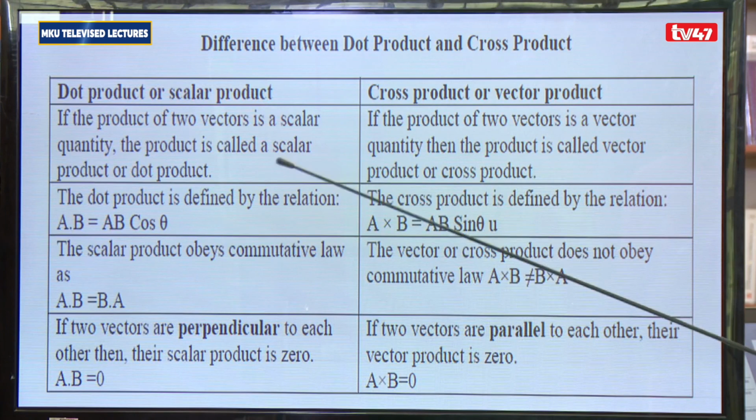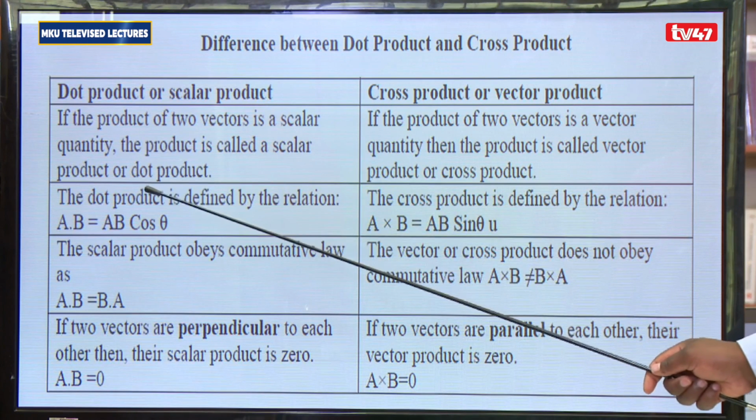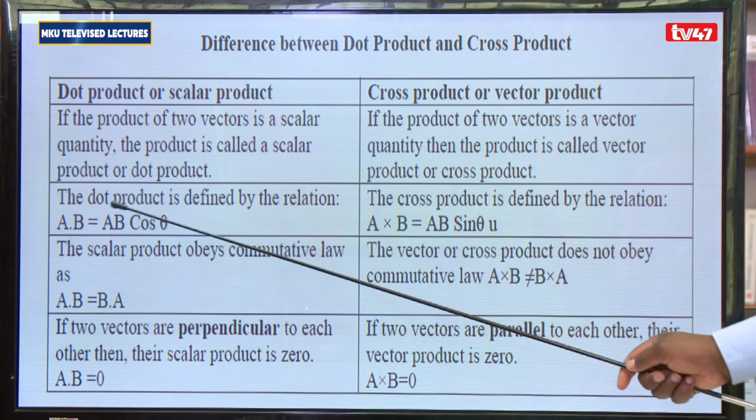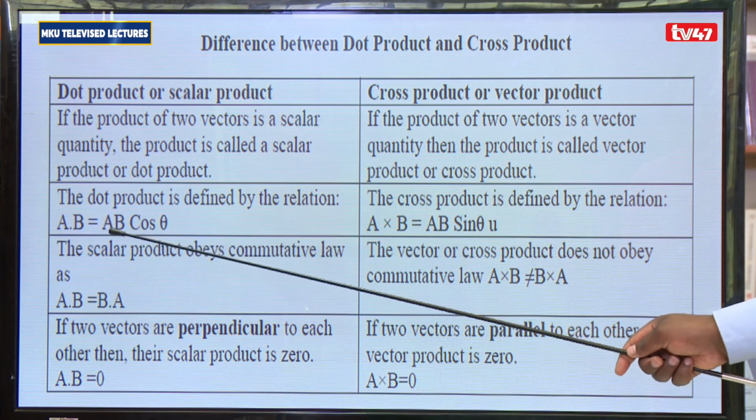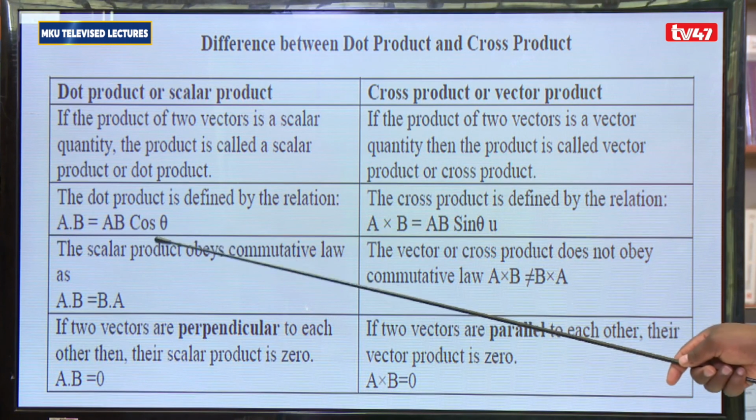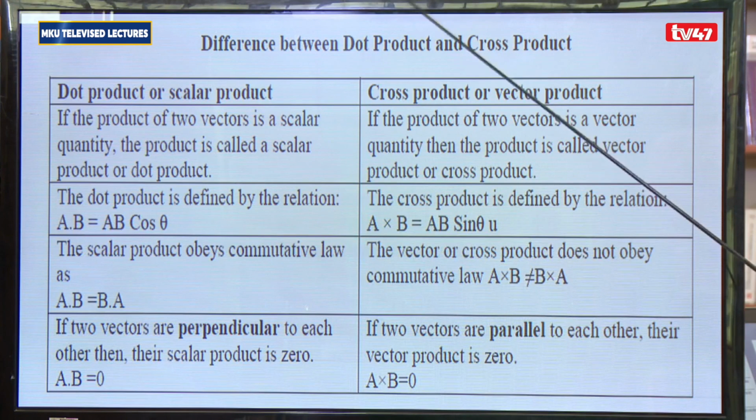Now the second difference is that the formula for the dot product is A dot B equals magnitude of A times magnitude of B times cos of the angle between them, and the formula for the cross product, A cross B, is the magnitude of A times the magnitude of B times sine of the angle between them, with a unit vector hat to note that the answer which you get here is going to be a vector.